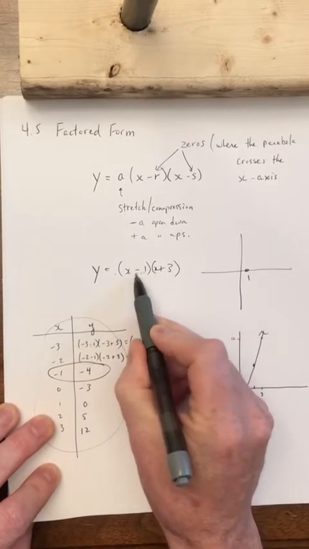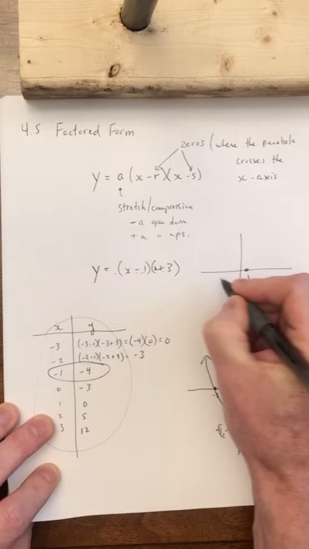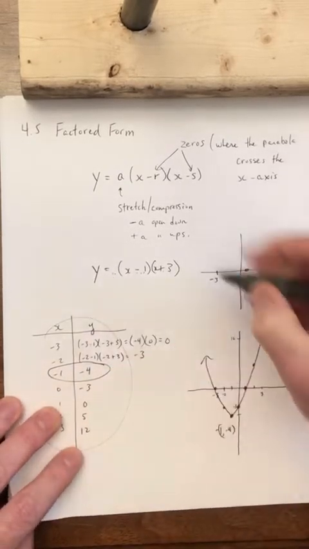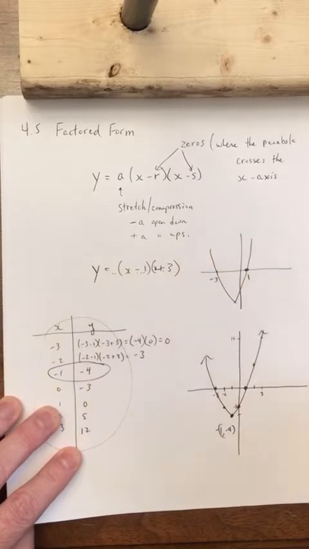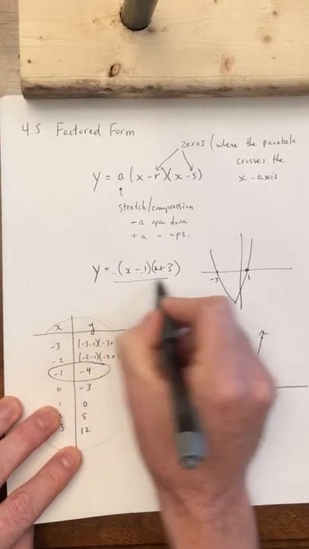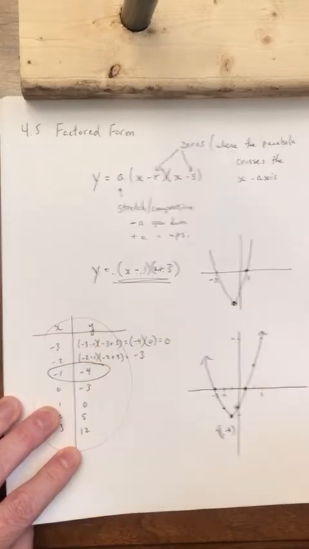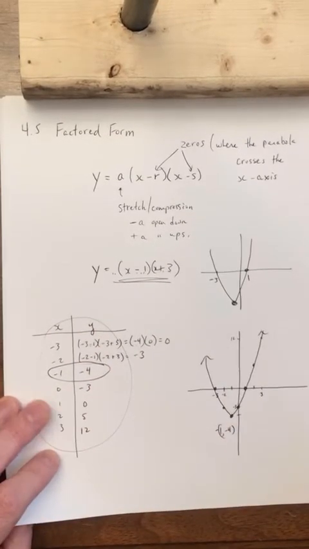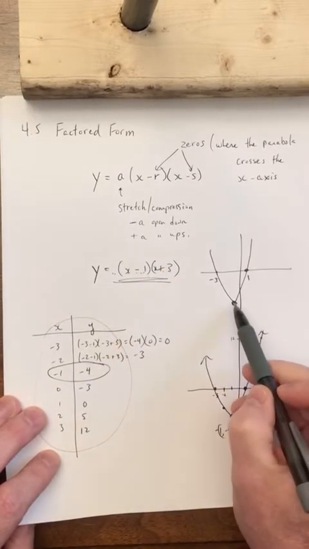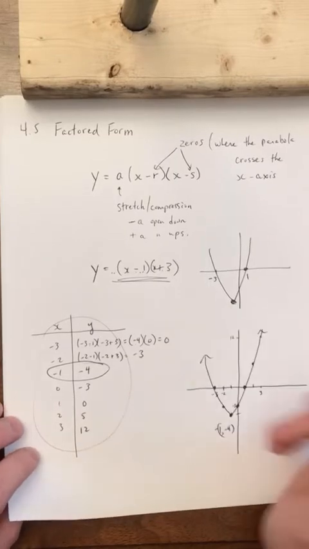It's the opposite. And here's going to cross at -3. I know I'm opening upwards, so I know I'm going to have a parabola that looks like this, which is what we have. What I don't know from this is where my vertex is. And so rather than doing all this and having a whole bunch of points, I'm going to show you how you can just solve for where that vertex is.